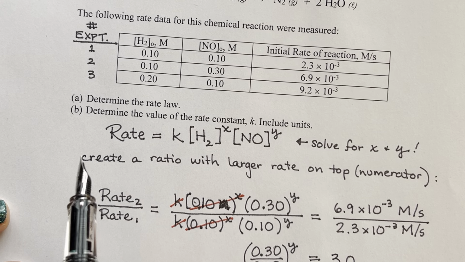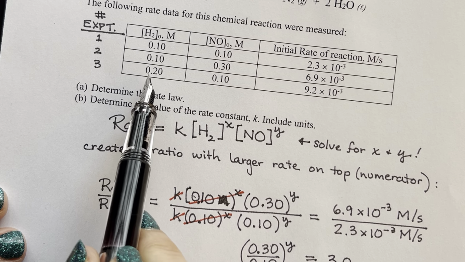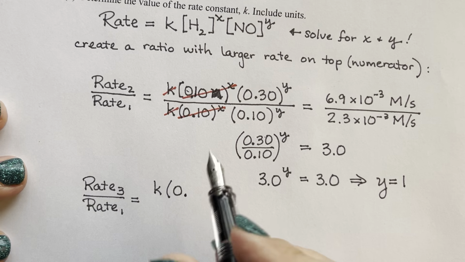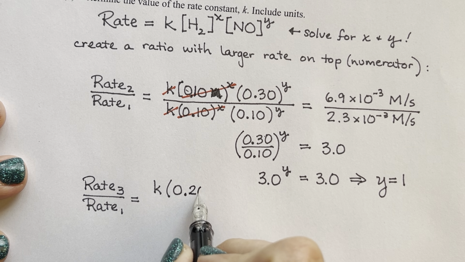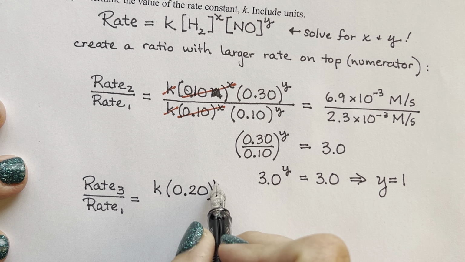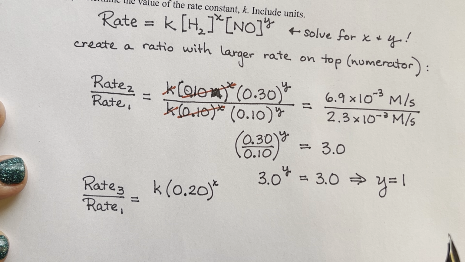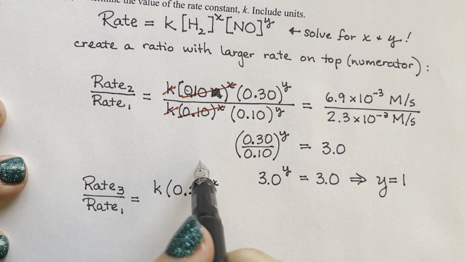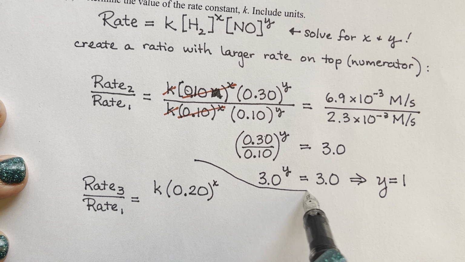Looking at the data for experiment 3, the concentration of H2 is 0.20. That's raised to the x. I'm going to put a little line here to separate these.